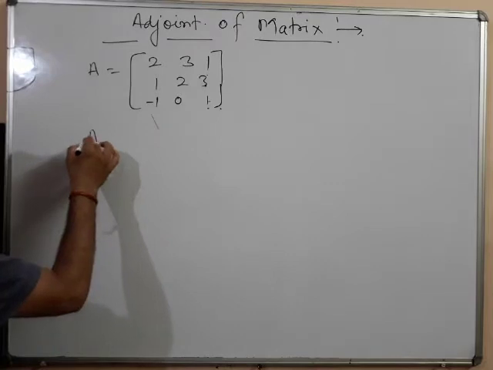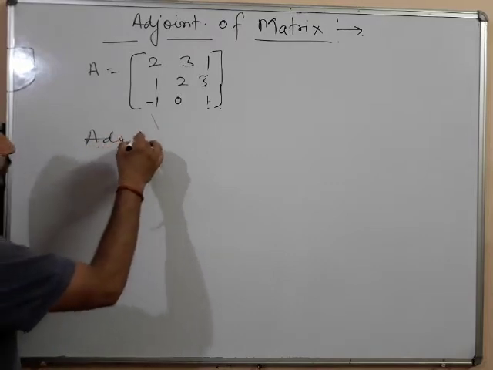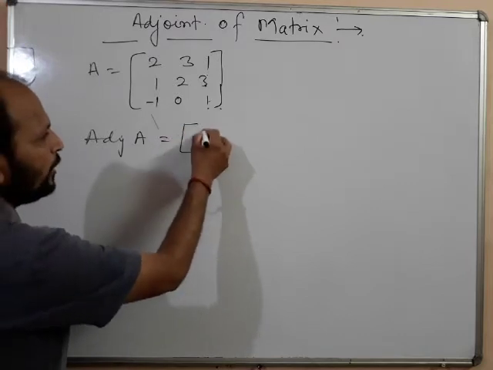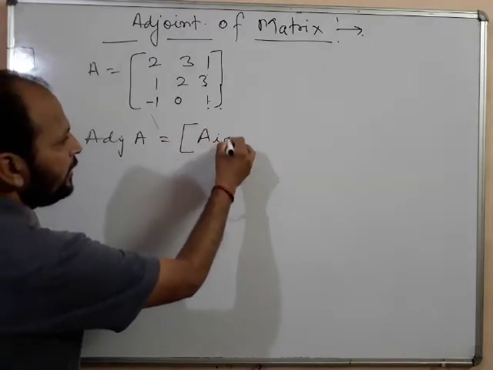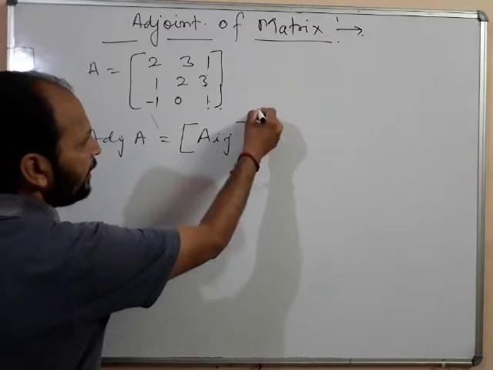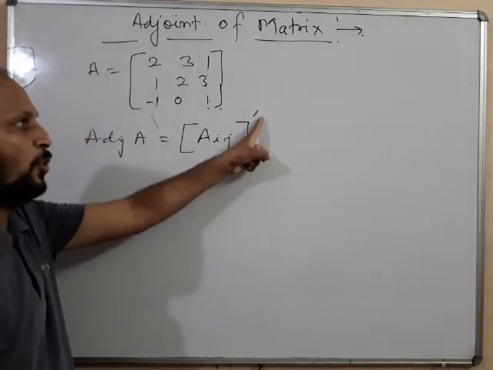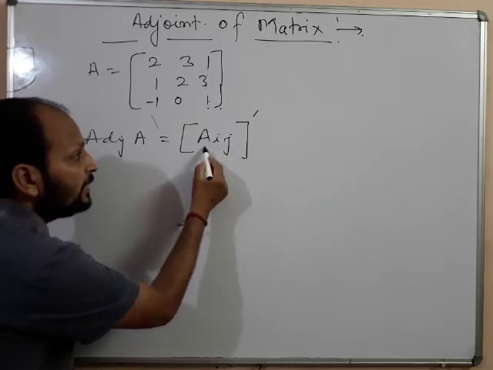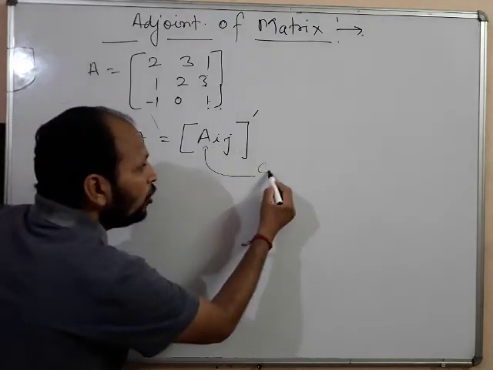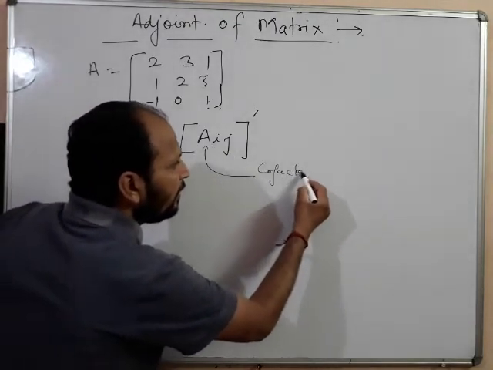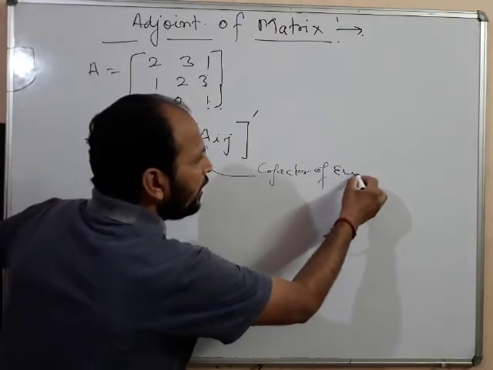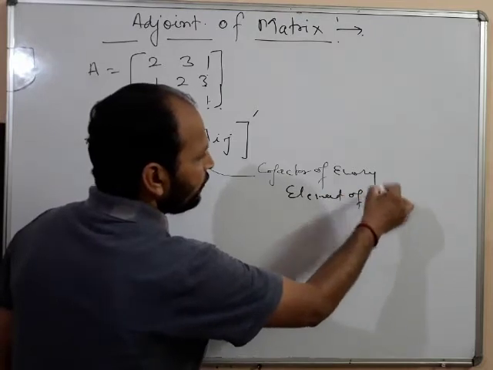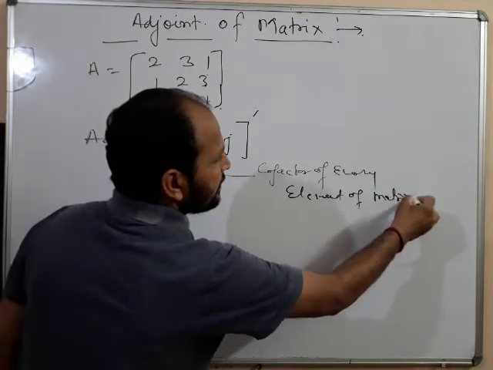The adjoint of A is equal to the transpose of the matrix of Aij. What is the meaning of Aij? That is the cofactor of every element of the matrix.